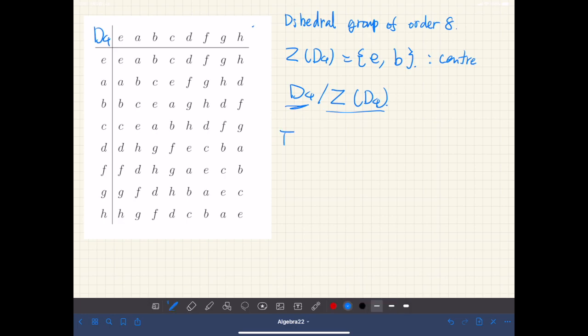Then let's see. The identity element of this quotient group is Z(D4) itself.